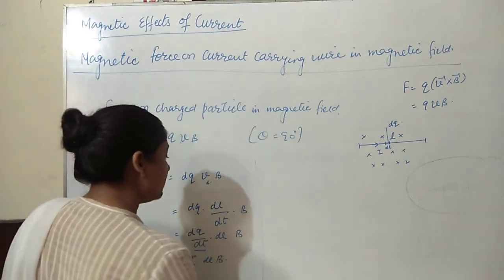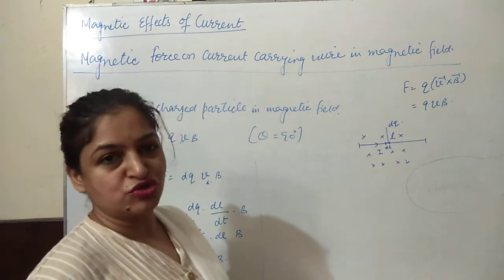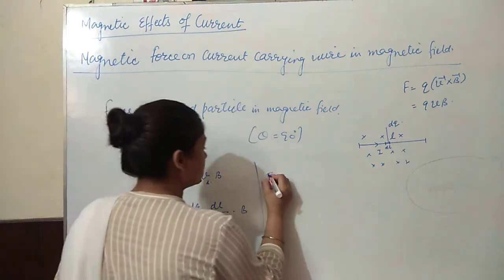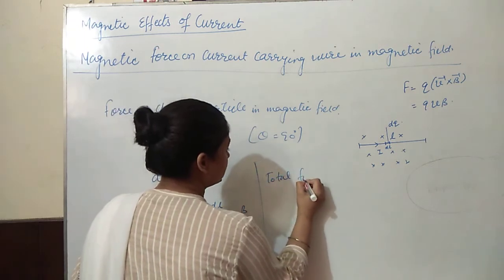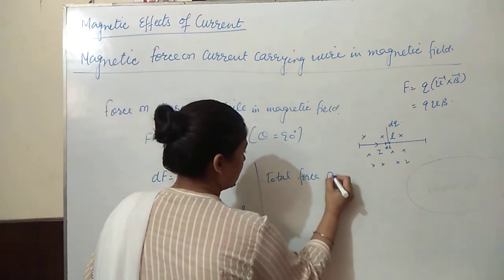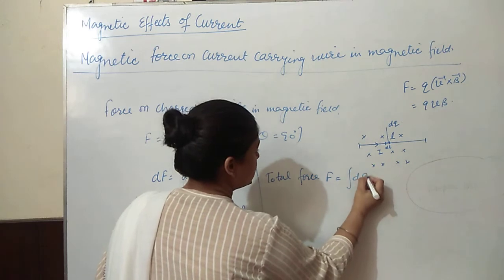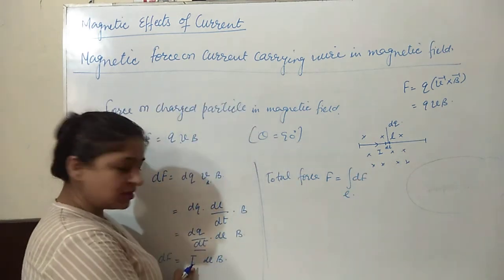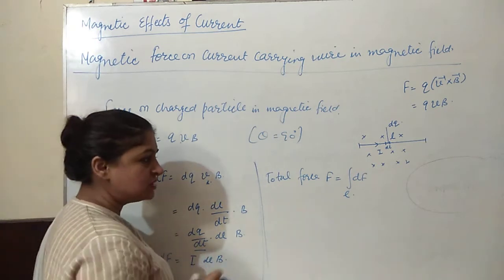If you want to find the total force on the full length of the conductor, how can we find it? Integration of dF for the full length of the conductor. Current is steady current, and B is the magnetic field which is constant here.